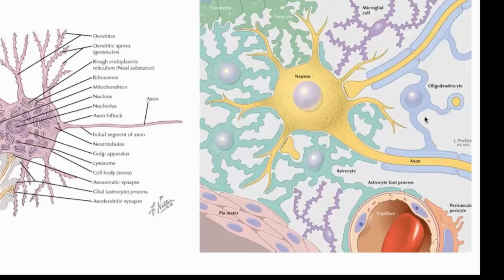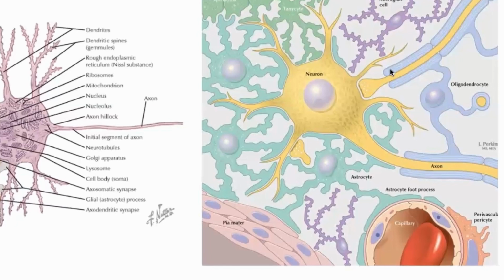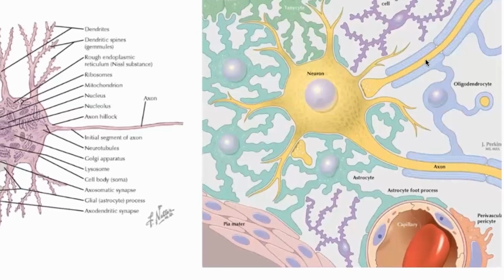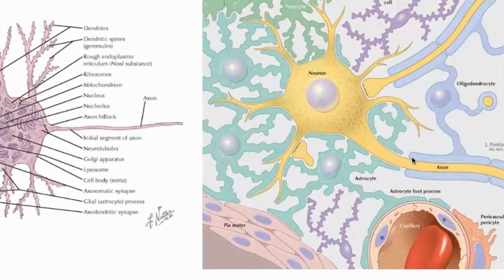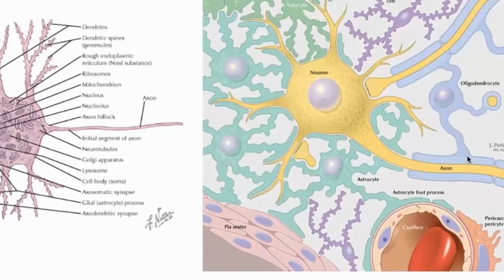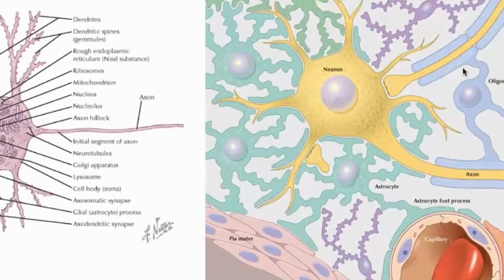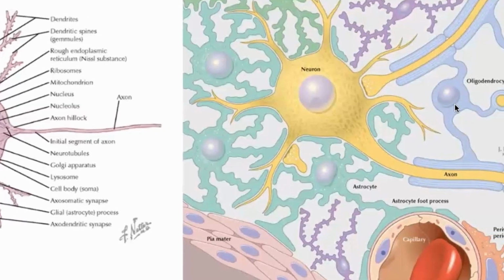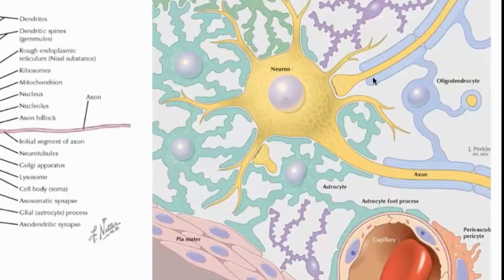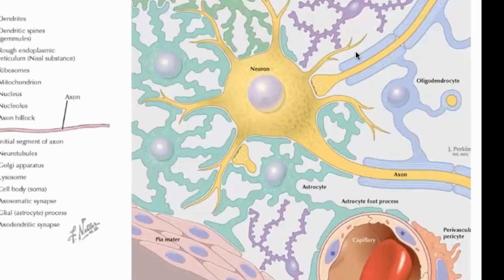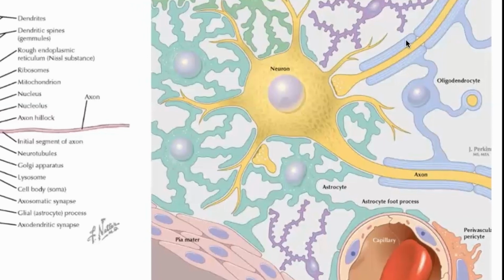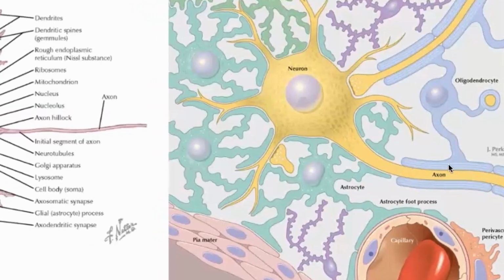As you can see, this one oligodendrocyte is myelinating this segment of the axon, and it's also myelinating this segment of the axon. You'll realize that this is only in the central nervous system. One cell in the peripheral nervous system is only able to myelinate one segment of one axon, not segments of more than one axon.